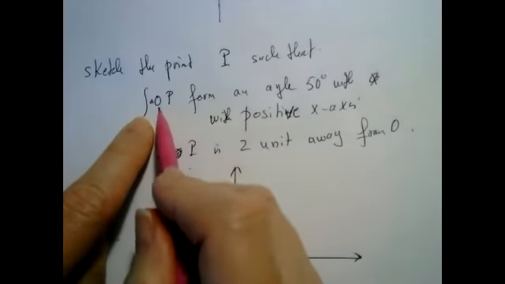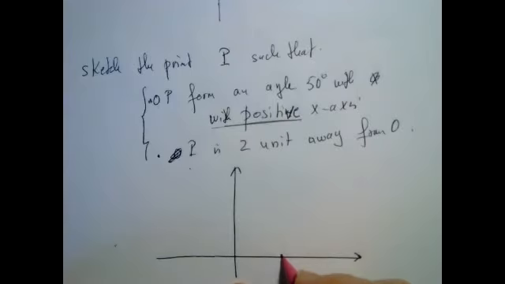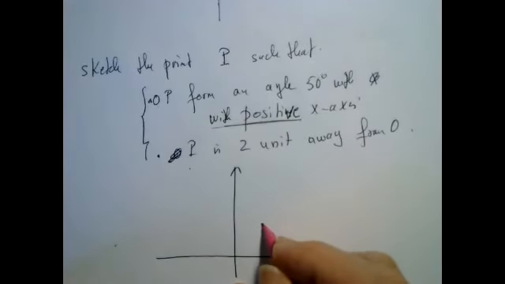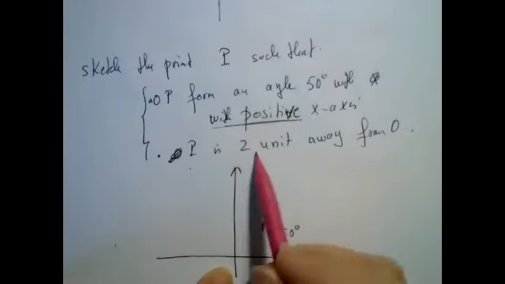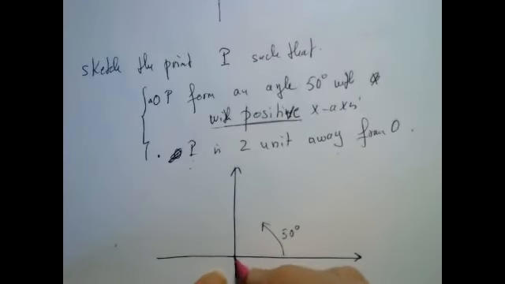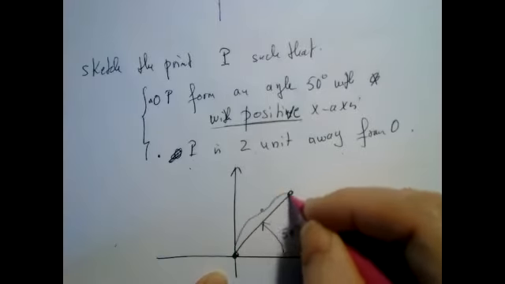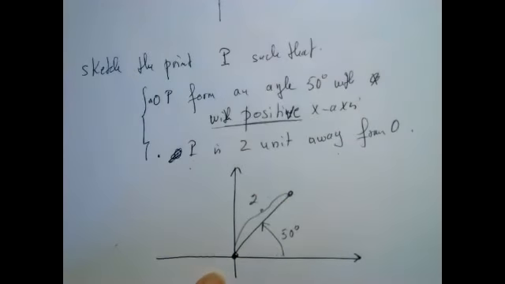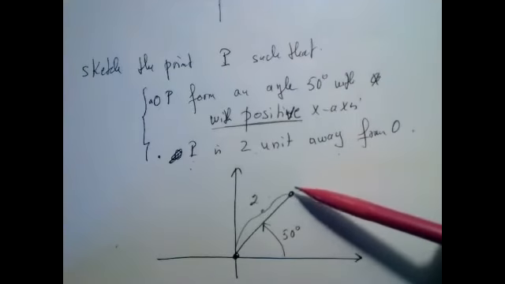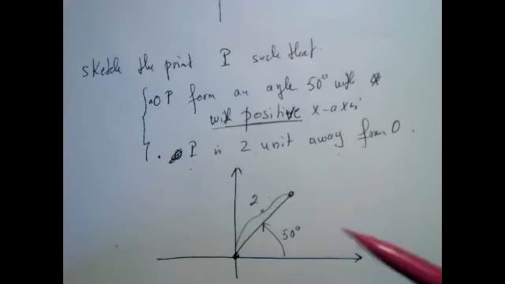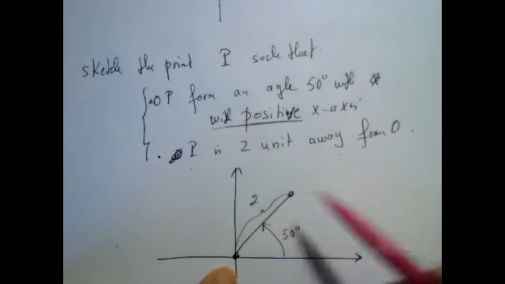The point has to form an angle of 50 with the positive x-axis. If I start with the positive x-axis, I need to move 50 degrees. And P is 2 units away from 0. It means if this is 0, from here to here, 2 units. So if I give you those two pieces of information, you can actually sketch the point. This point here is at 50 degrees and is 2 units away.